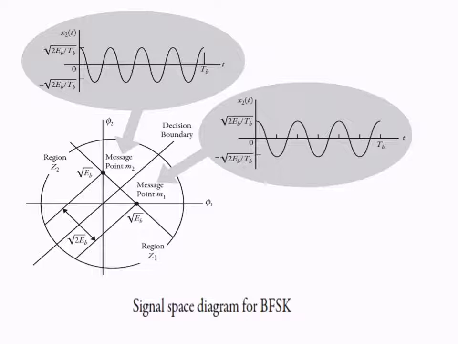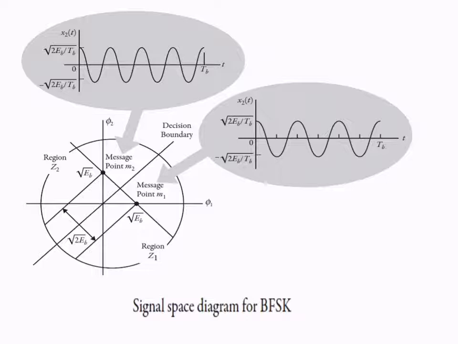We know that S11 is equal to root of EB, S12 is equal to 0, S21 is equal to 0 and S22 is equal to root of EB, right? So that we have pointed on this axis of phi1 and phi2.